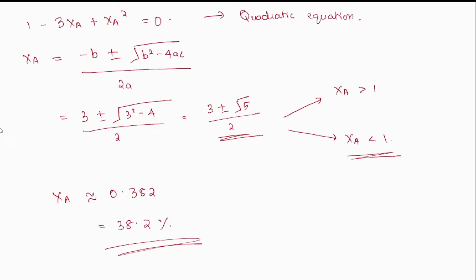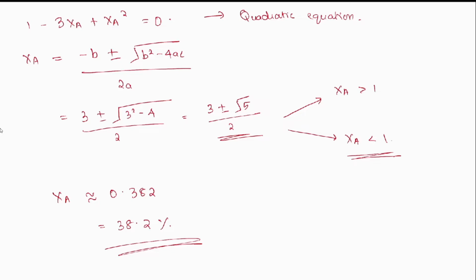When we solve it, we get one value greater than 1 and the other less than 1. Conversion cannot be greater than 1, so we take the value less than 1, which comes out to be 0.382, or 38.2 percent.